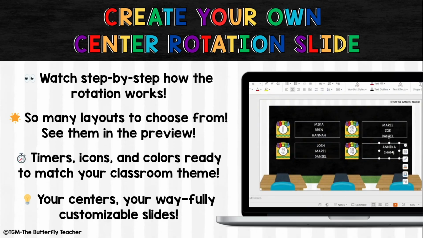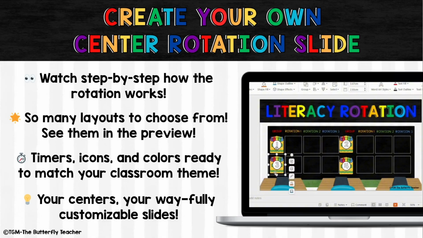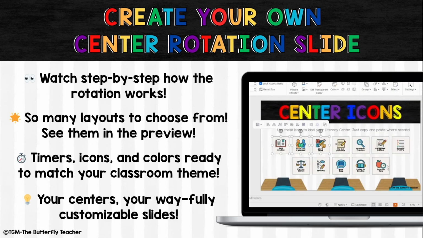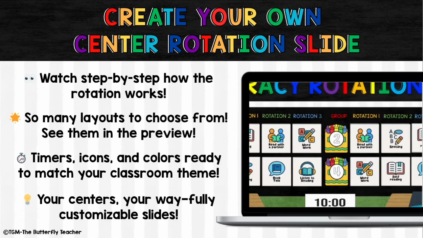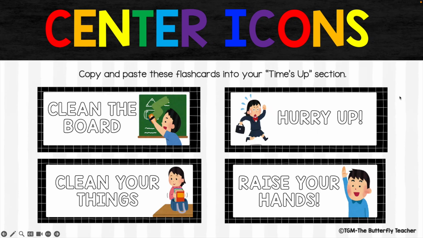If you can add those built-in timers and icons with simple visuals, like what group they're in, that makes things super clear. Even for students who need to be reminded over and over again, that visual reminder is all they need.